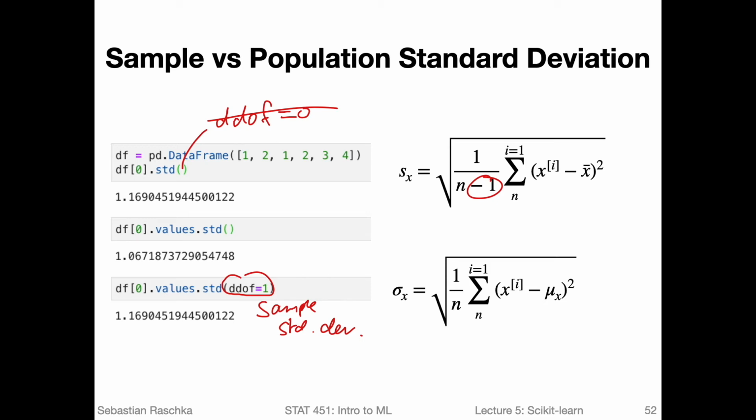Personally, I just use the population standard deviation because there's no advantage of using the sample standard deviation when we standardize the variables. Because I usually use NumPy when I work in machine learning, I would just use the population standard deviation because it's easier to type than putting the DDOF equals 1 here. In practice, it does not really matter whether we compute a standard deviation for the sample or the population in machine learning when we standardize the features.